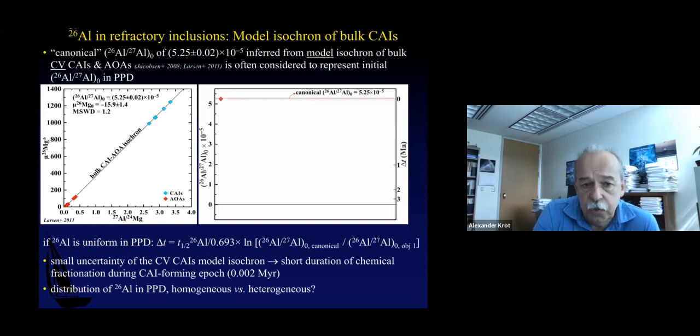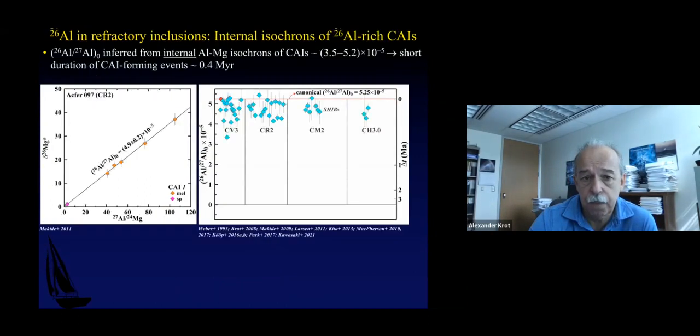The uncertainty on this isochron is extremely small, only 0.002, which in terms of time corresponds to only 2,000 years. Originally, when this paper was published, the conclusion was that the duration of the formation of CAIs lasted 2,000 years. But again, it's model dependent because it depends on the assumption of uniform distribution of aluminum-26.